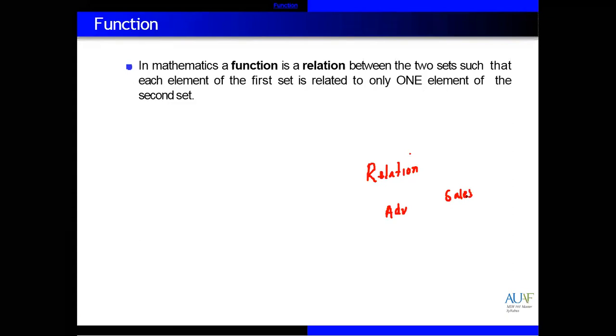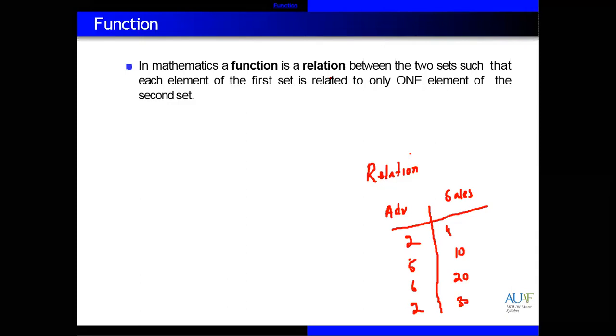So there is a connection between advertisement and sale. For example, 2 with 4, 5 with 10, 6 with 20, and 2 with 30. These are relationships between two things: one is advertisement, the second one is sale.